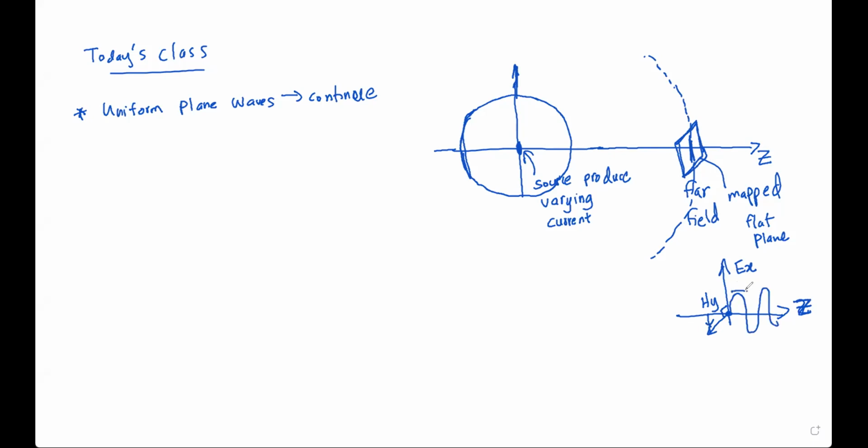So uniform plane waves are generated at a far field location from the source.